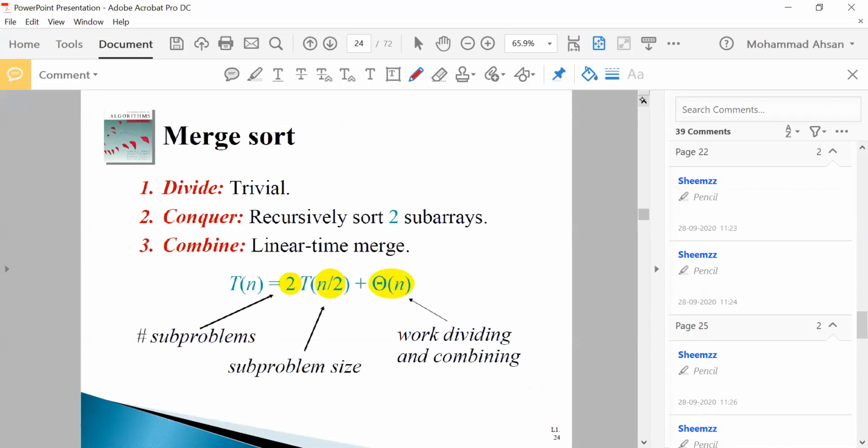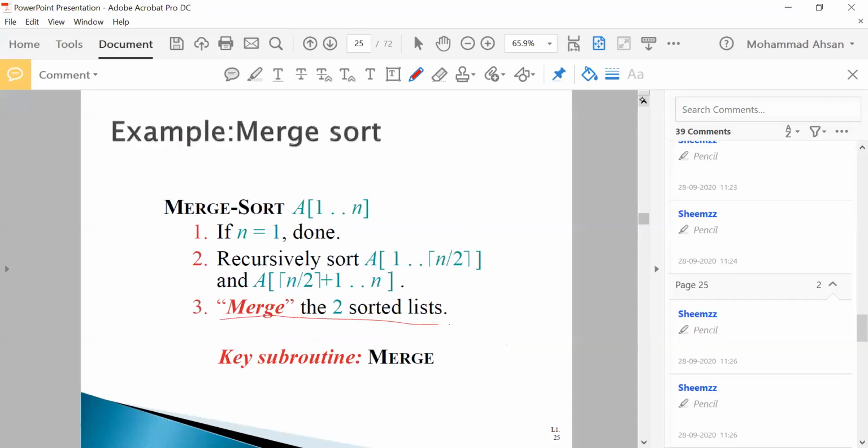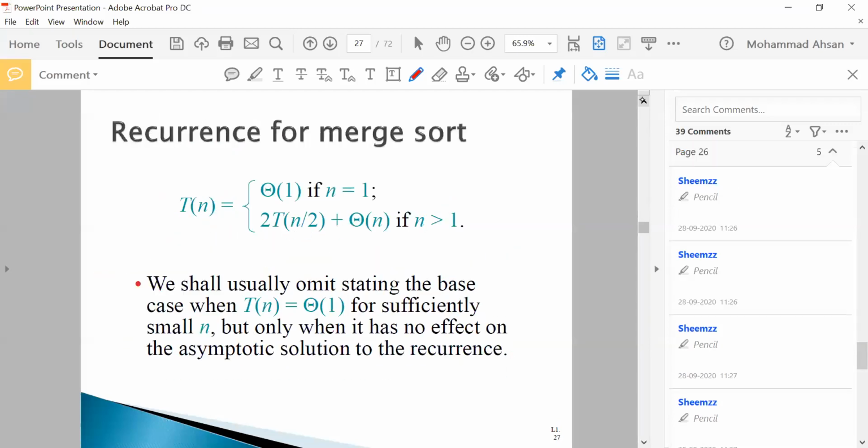Dividing an array into 2 is not a big task. You just find the middle index and then you just pass on the next array as between 0 to that middle point and middle point plus 1 to n. Okay, so this is the runtime.